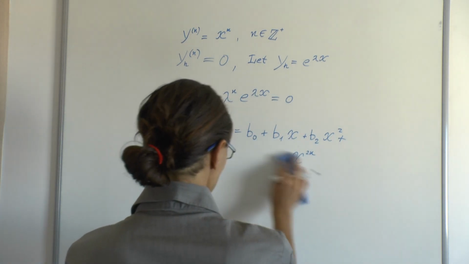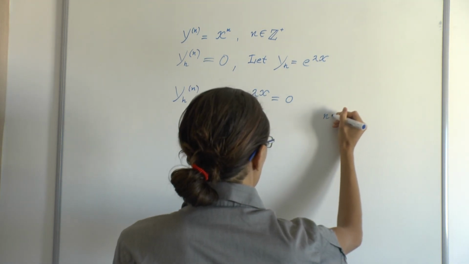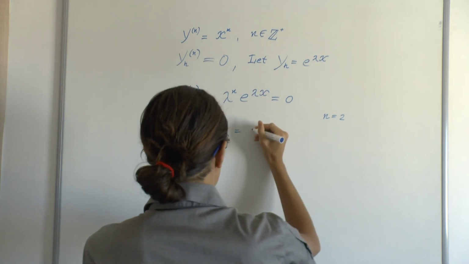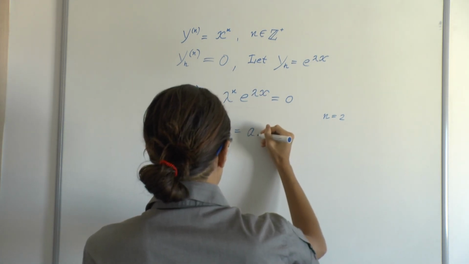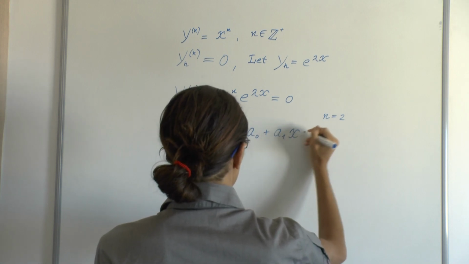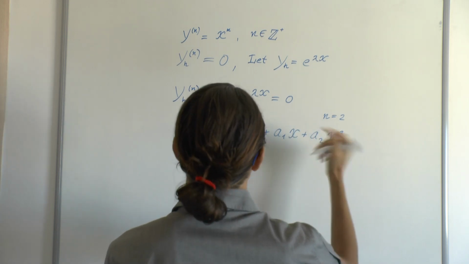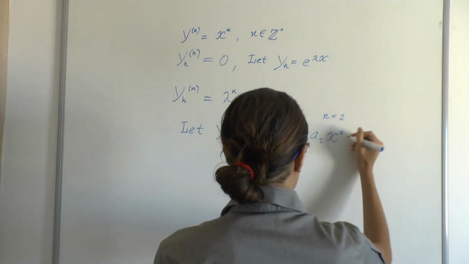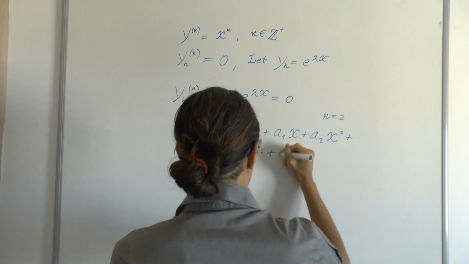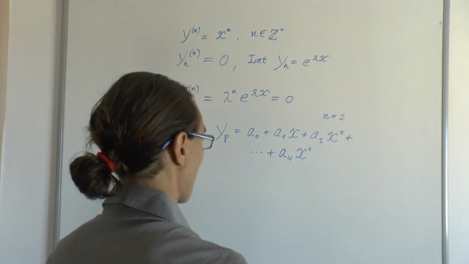As an example, if n was equal to 2, so we would want x squared, then our particular solution would have to be of this form: a1 x plus a2 x squared, I'm using a again, it's whatever, plus a4 x to the 4.